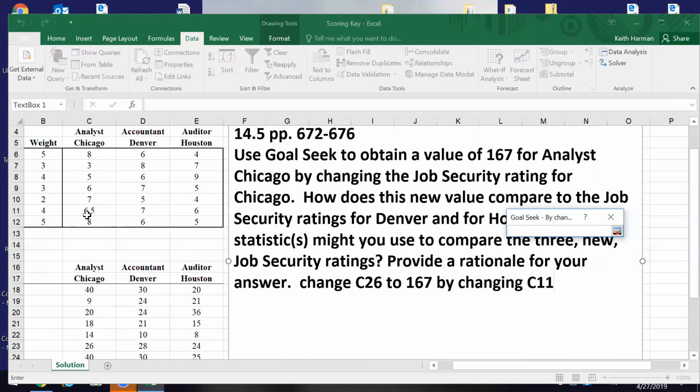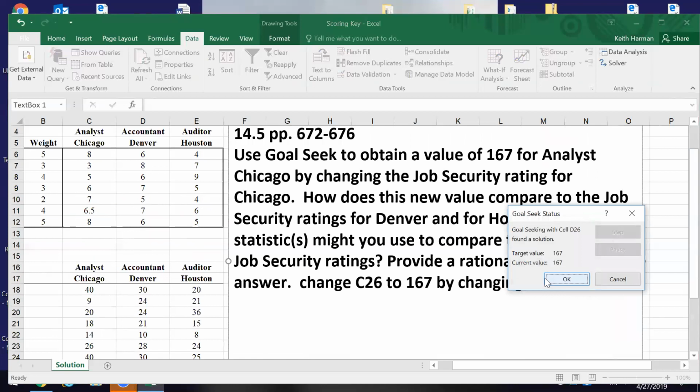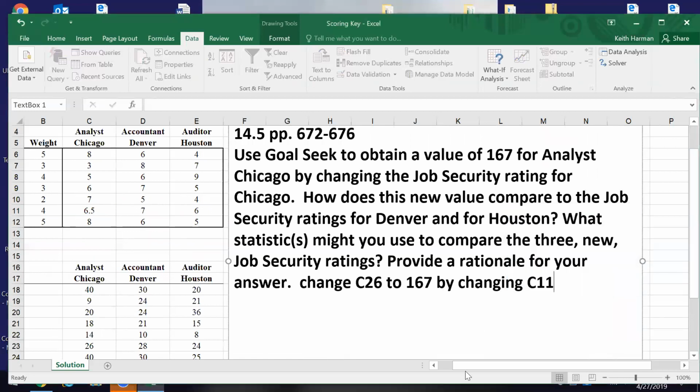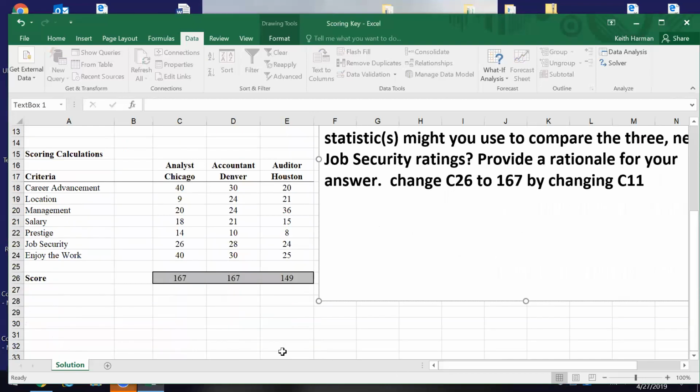So up here, I'll find C11. Now we'll run the goal seek. And we get our response. And we hit our target value. So when we look at the job security, we have a 6.5, and that gets us to a score of 167 for the analysts in Chicago.